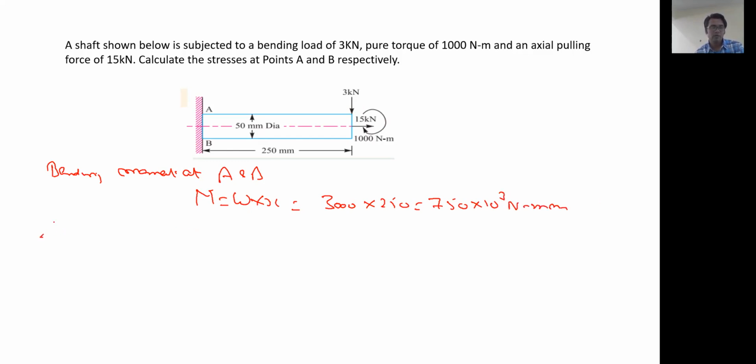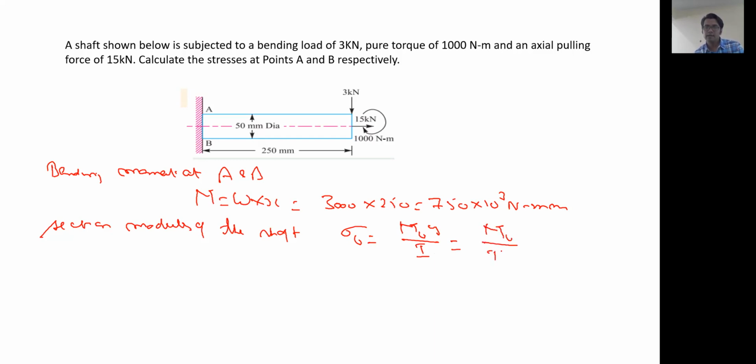Fine. And now the section modulus of the shaft. What is this? We have seen that in bending stress we have the formula M by I equals sigma by y, means we can write it like this, M by I by y, right? So this I by y is Z, that is your section modulus.